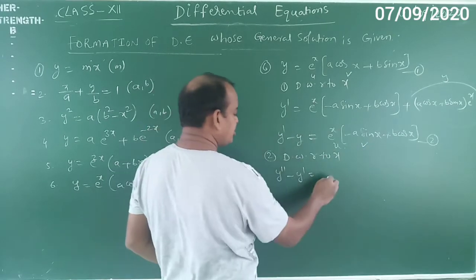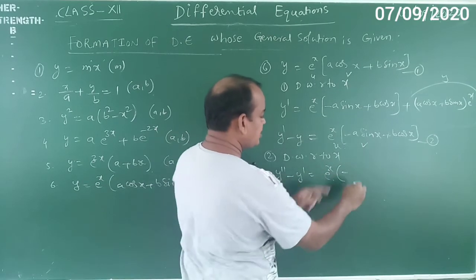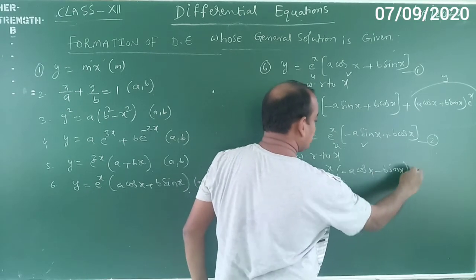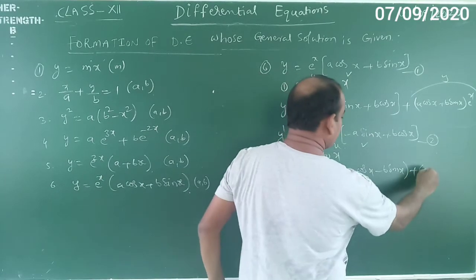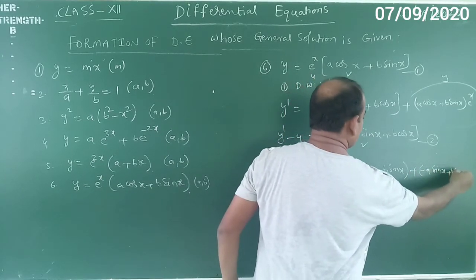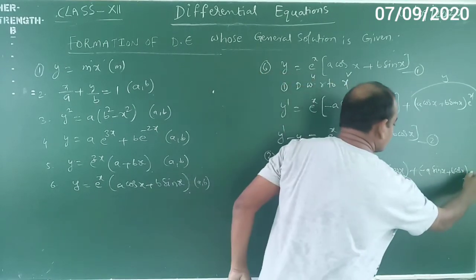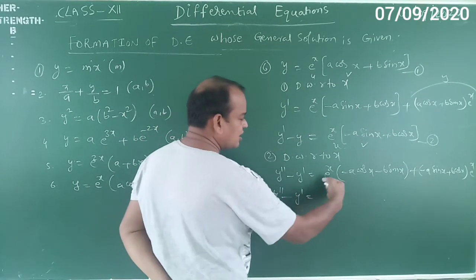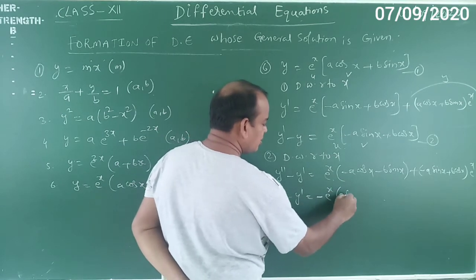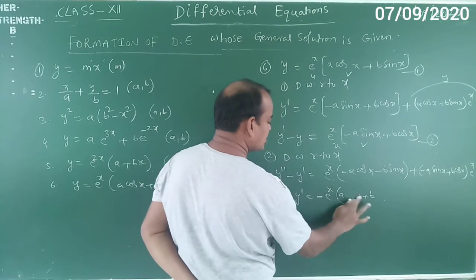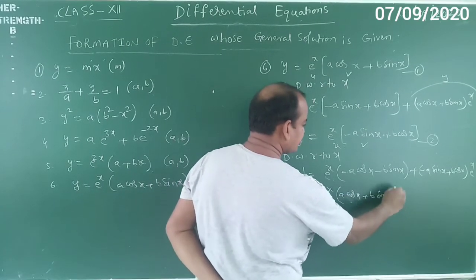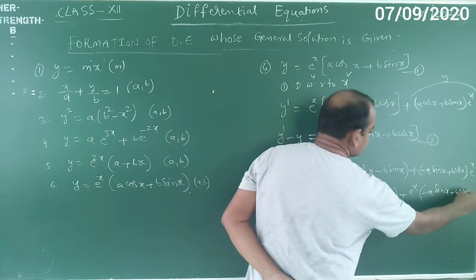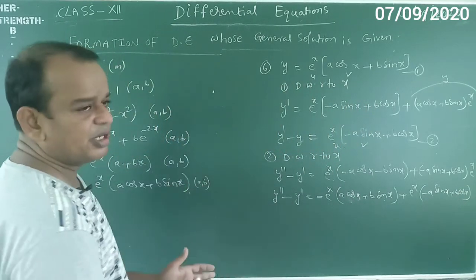Okay, my dear students. u into, means e^x into derivative of (-a sin x + b cos x)... here cos x derivative is minus sin x, means minus b sin x, plus v into, means (-a sin x + b cos x) into e^x derivative, which is e^x. Okay, I hope that you understood or not. y'' - y' is equal, here in this one taken common minus, e^x into (a cos x + b sin x) plus e^x into (-a sin x + b cos x). Just minus taken common, some rearrangements are going on.